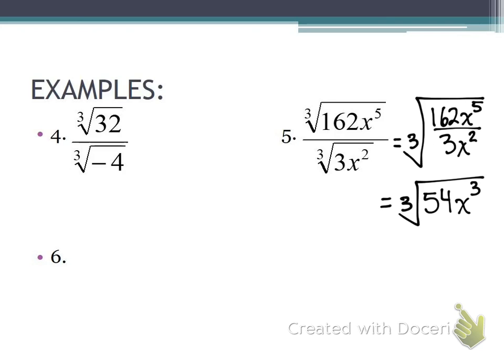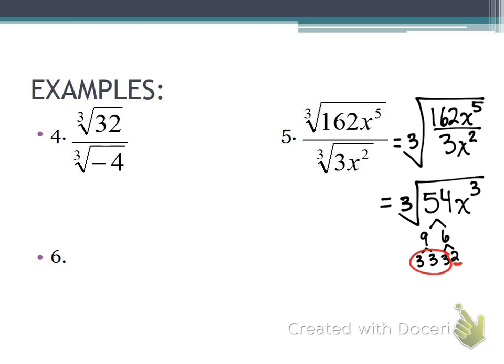And now we're simplifying this just like we were doing last week, yesterday, earlier in this lesson. 54 is not a perfect cube number, so we have to break it down. What can we break 54 into? 9 and 6. Okay, I'm looking for groups of 3 because that's my index. What do I have a group of 3 of? And what's alone?